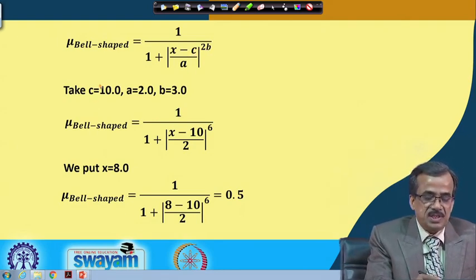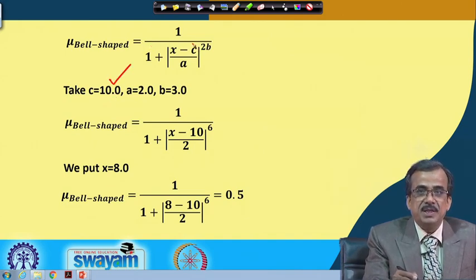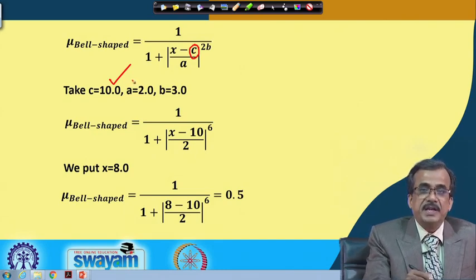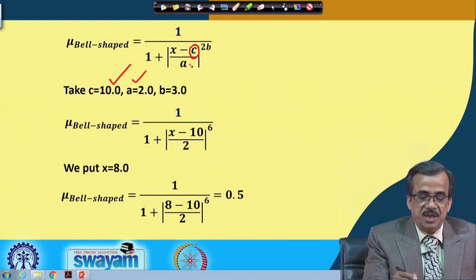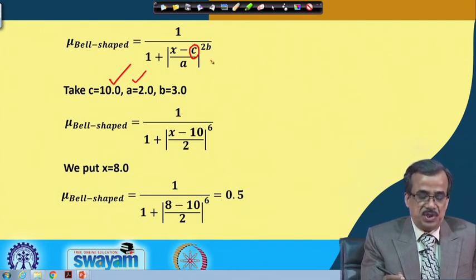Here we take c equals to 10.0, which is the center of this distribution. A indicates the spread of this distribution, and let me consider a equals to 2.0, and b is 3.0, as we have assumed.